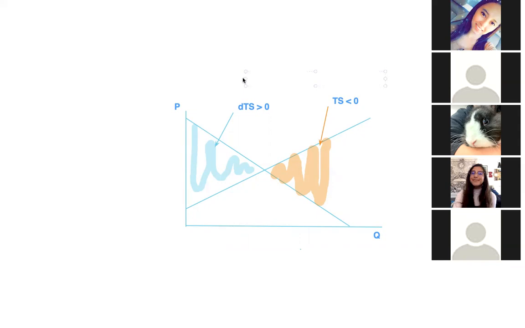Because remember, total surplus is identically equal to net social benefit. But net social benefit is equal to our total benefit minus our total cost. And something else that may be helpful is to say that the change in total surplus is equal to the change in net social benefit.